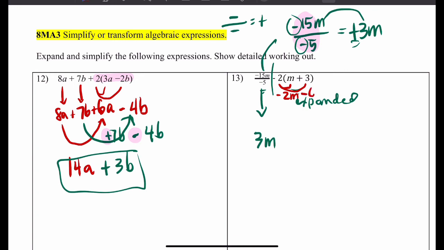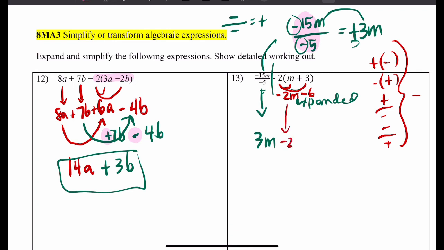Remember, every time the signs are different, positive times negative, negative times positive, same with division, the answer will always be negative. Okay, so let's bring this down. Negative 2m minus 6. Like terms, 3m minus 2m is m. Bring down the 6 minus 6. So that is the answer.